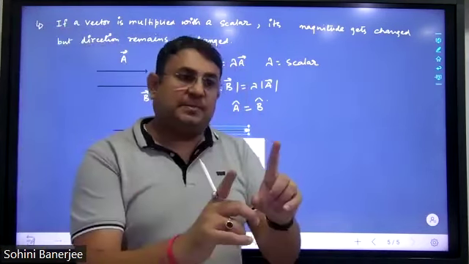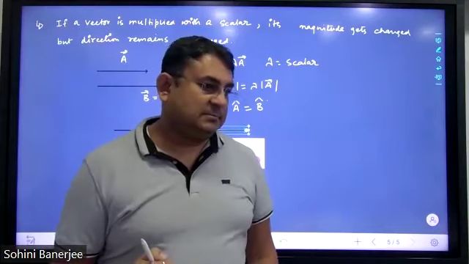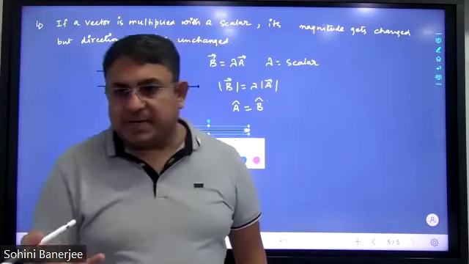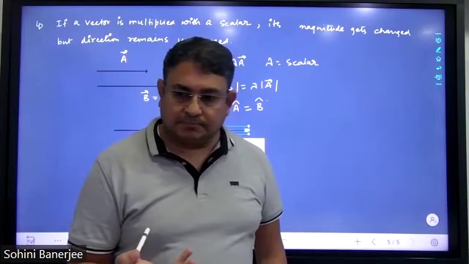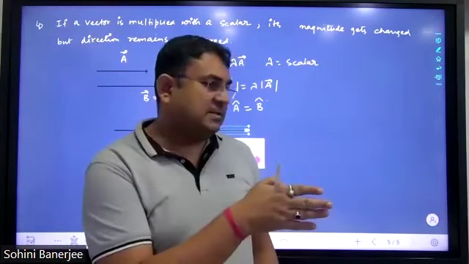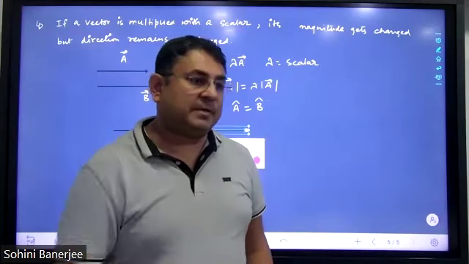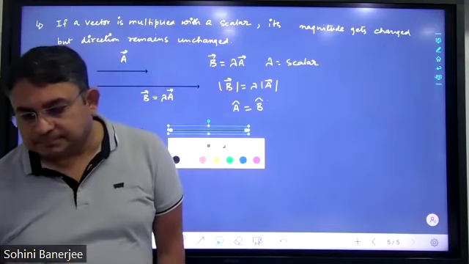So if the direction remains same, they are parallel, they are collinear. This collinearity can be checked with this linear dependency, that is, one vector is a scalar multiple of another vector. Clear?